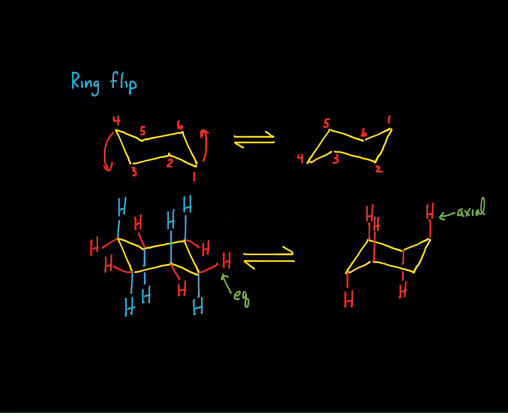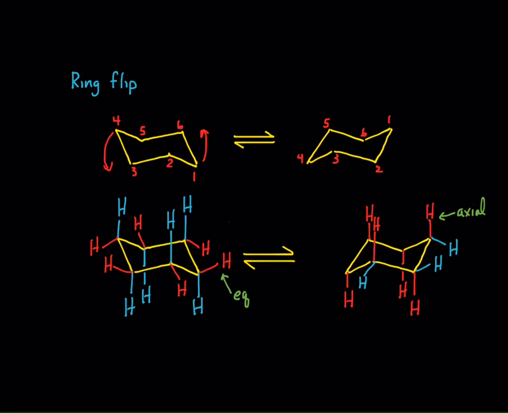C3 pointing up, axial. C2 pointing down, axial. So they're all still on the same plane of the board, but now they're going from an equatorial position to an axial position. And of course, if that's occurring, then you see that all of the axial hydrogens initially become equatorial.